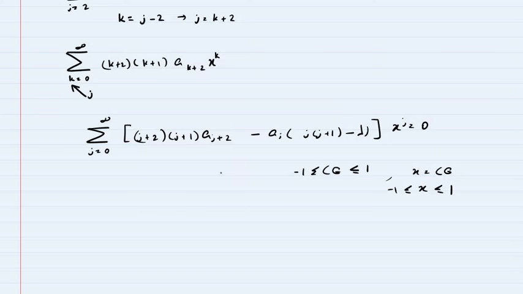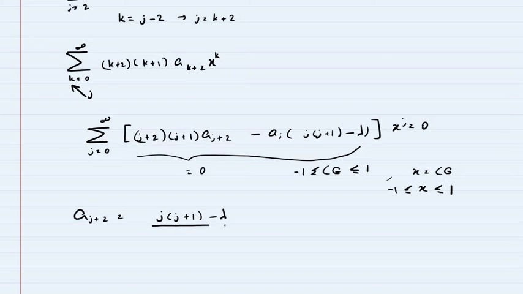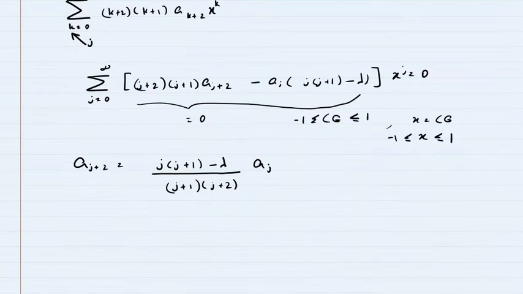Which means this term should be equal to 0. So we can write a j plus 2 is equal to j times j plus 1 minus lambda divided by j plus 1 times j plus 2 multiplied by a j. And this is our recursion relation.